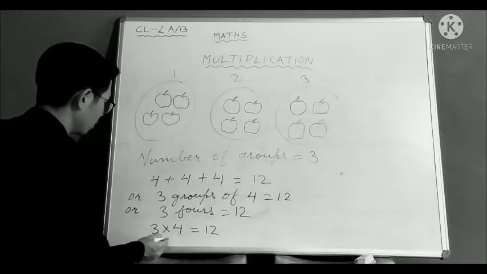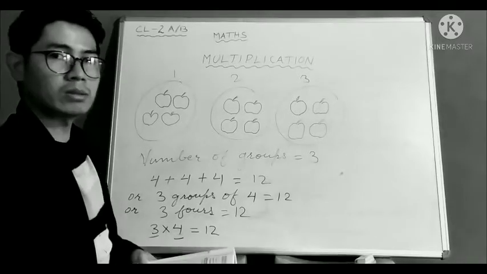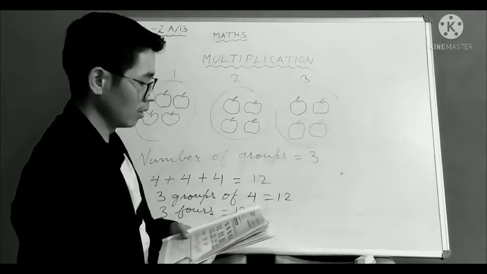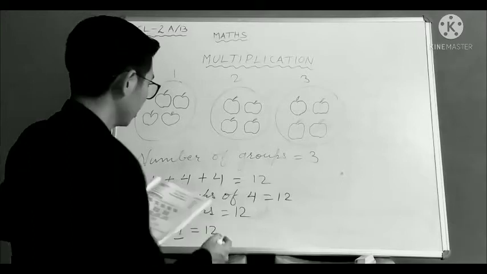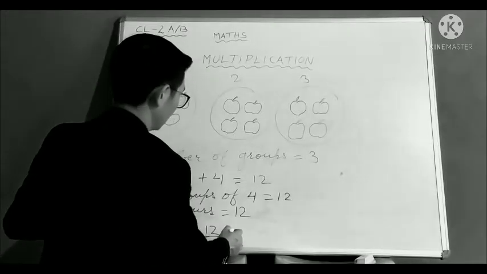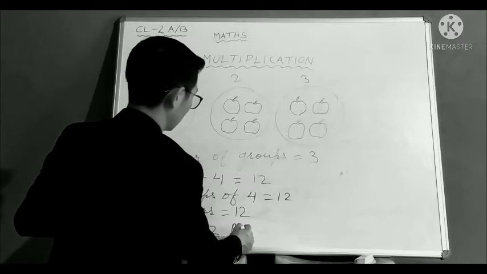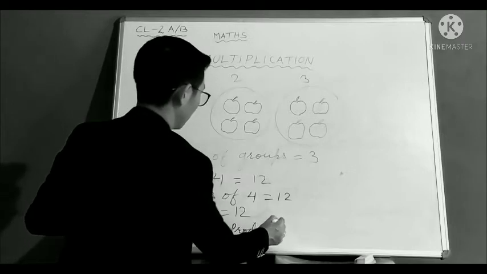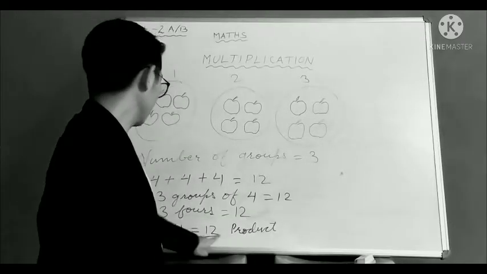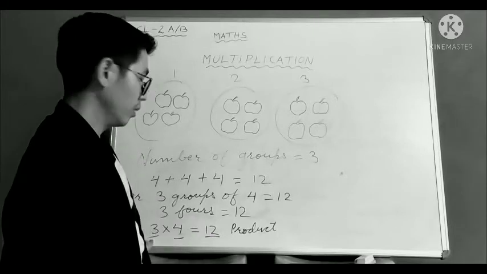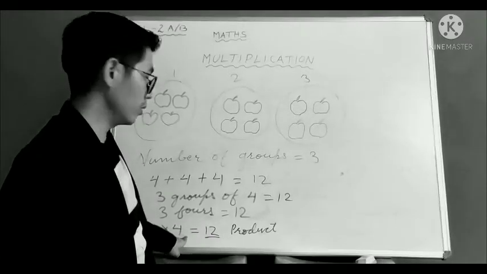So these two are factors. And next, this 12 is your product. Factors 3 and 4 are your factors.